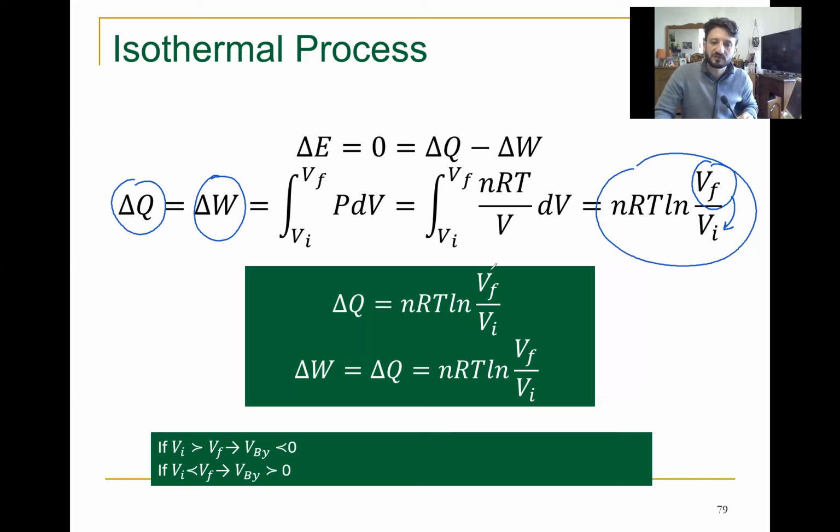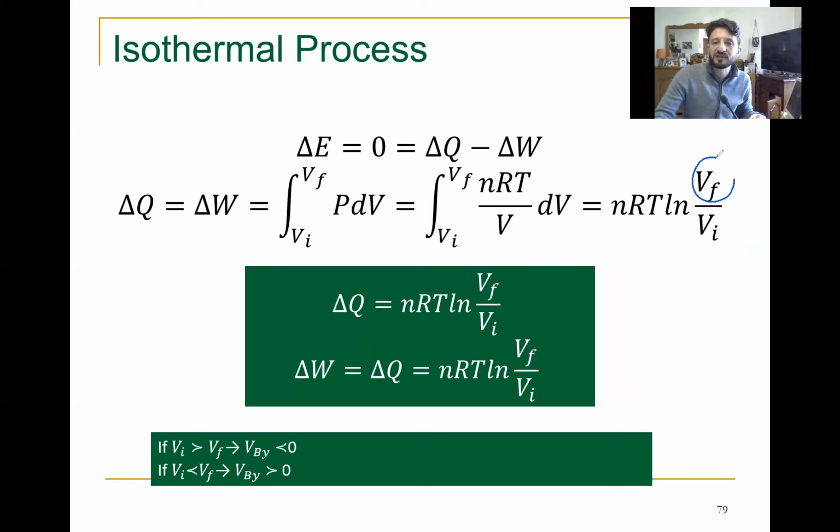And the opposite, if we decrease the volume, dW must be negative. Why? Because here we have V initial greater than V final, so ln has a negative value. So W is a negative value, so dQ is negative. It means we have Q cold.